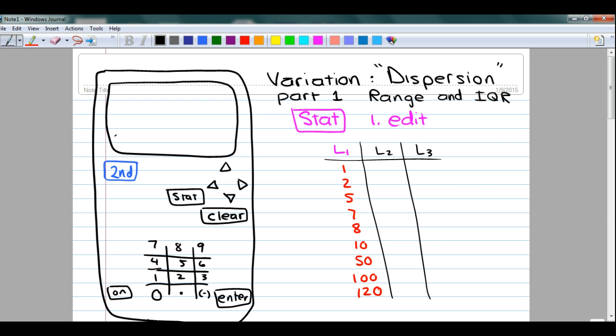If you recall from the averages video, press your stat key, use choice 1 for edit, and let's put in this list of numbers.